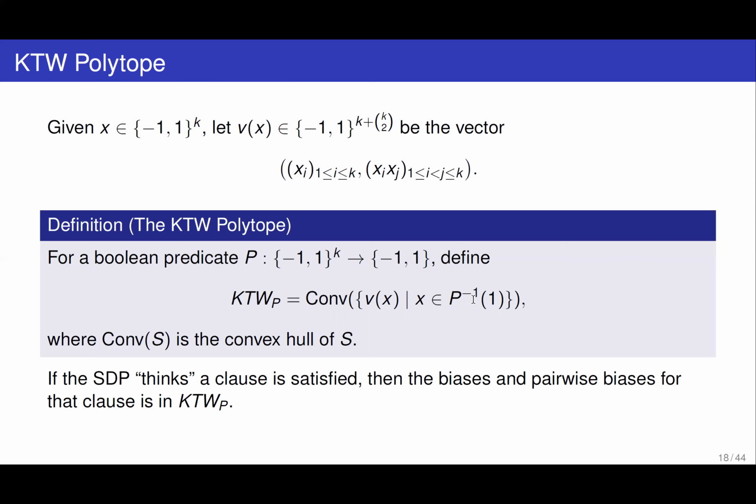For a Boolean predicate P, we define its KTW polytope to be the convex hull of v(x), where x is a satisfying assignment of P. So if the SDP thinks a clause is satisfied, then for that clause it will obtain a distribution of satisfying assignments, and the biases and pairwise biases of that will be a convex combination of the assignments, which means it's in the KTW polytope.